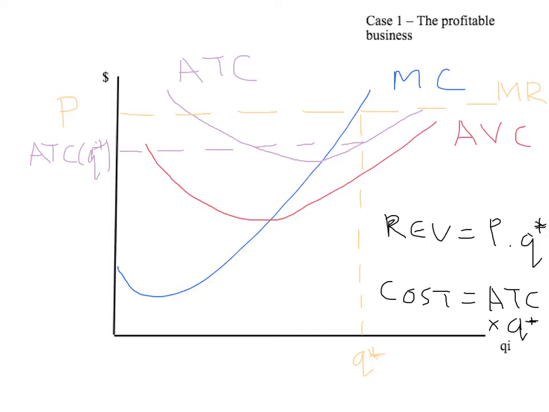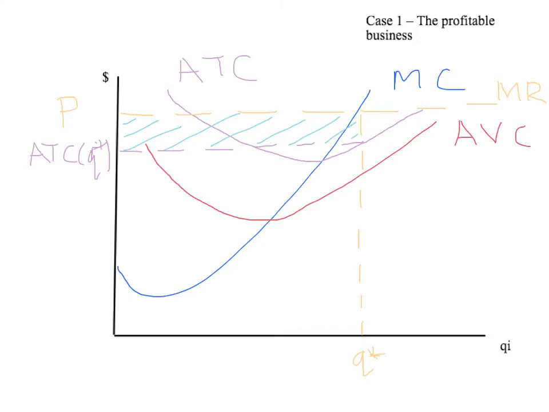Now, the profit of this firm is just going to be equal to its revenue minus its costs. So it's going to be equal to the big rectangle, price times Q star, minus the little rectangle, average total cost at Q star times Q star. So the profit of this firm is just going to be given by that difference, and that difference is simply this shaded rectangle here. What's that shaded rectangle equal to?